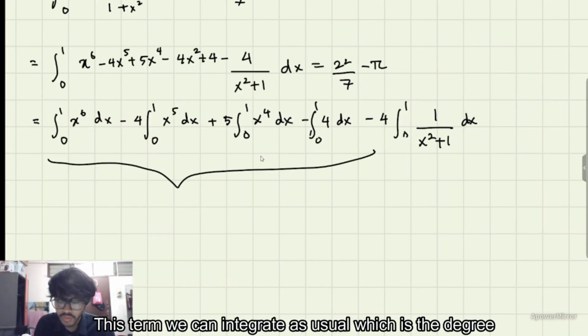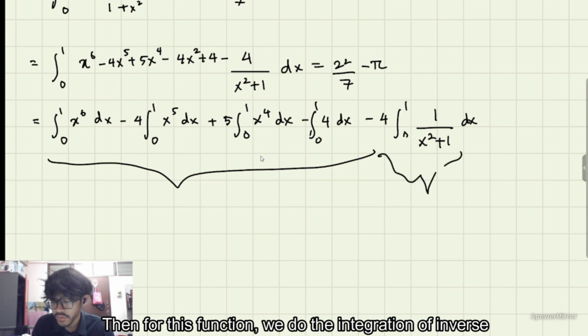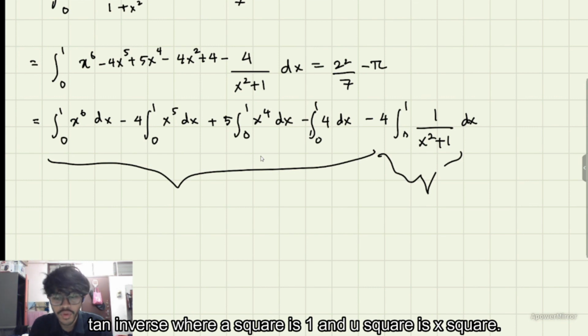For this term, we can integrate as usual, which is the degree of x plus 1, and x will be divided by the degree of x plus 1. Then for these functions, we can do the integration of inverse trigonometric function. We use the formula for integration of tan inverse where a square is 1 and u square is x squared.